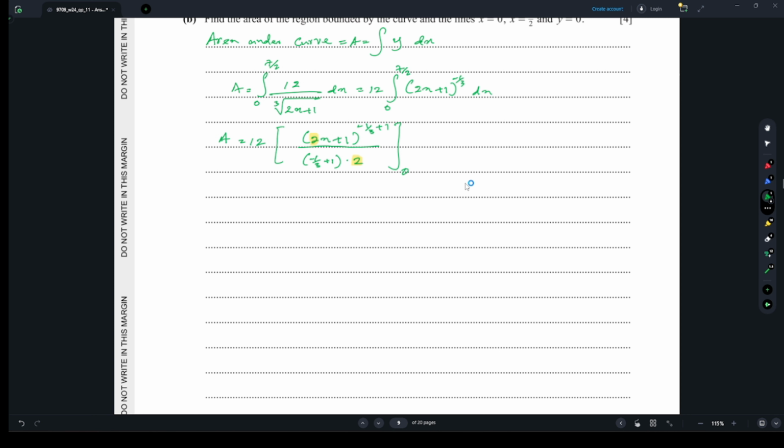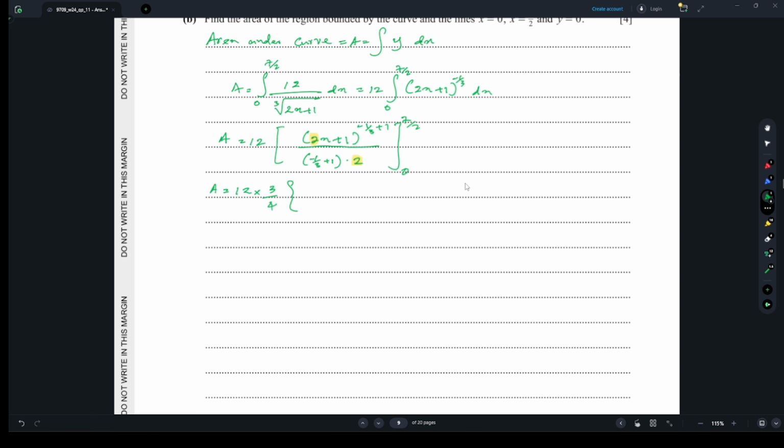And here are the lower limit and the upper limit. Okay, so if I simplify this a bit, minus 1 over 3 plus 1 is 2 over 3, so it's 2 over 3 times 2, which is 4 over 3, and then it becomes 3 over 4. So I can take it out because it's a constant. So 12 times 3 over 4.